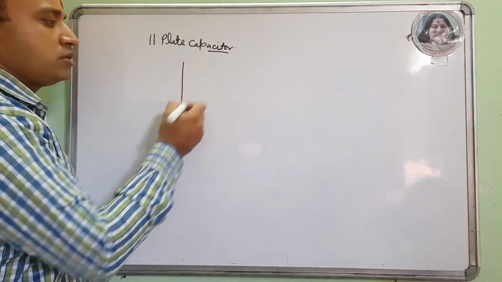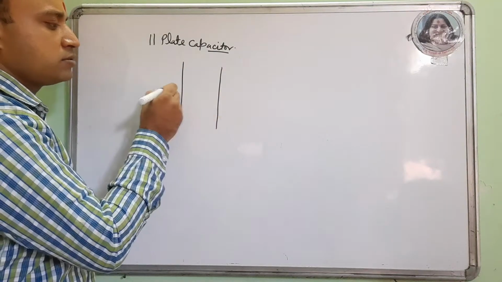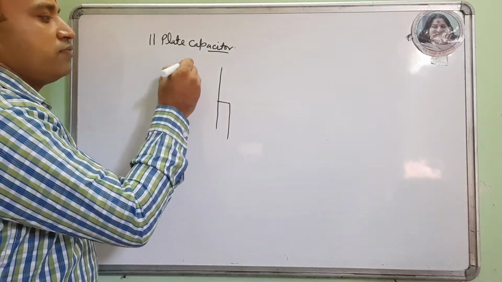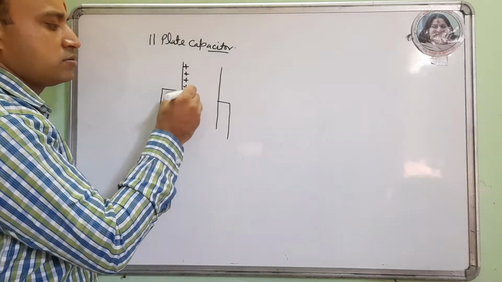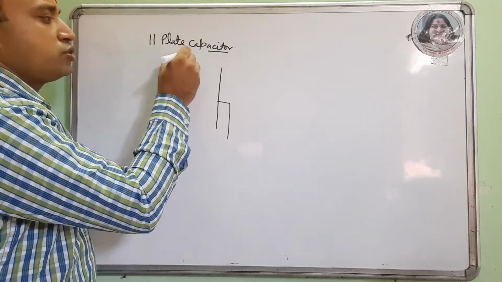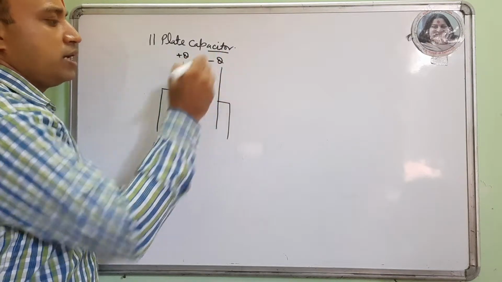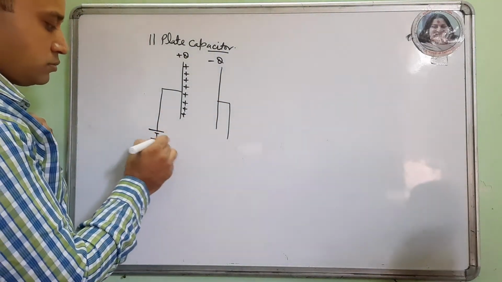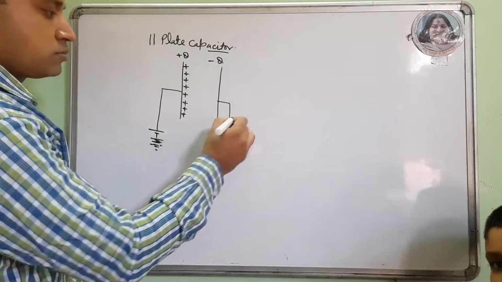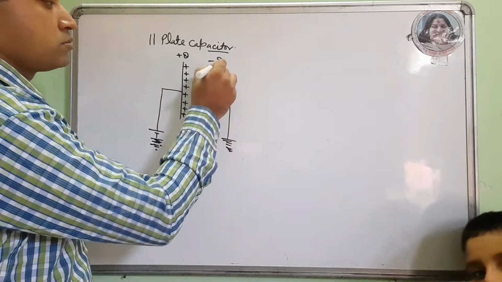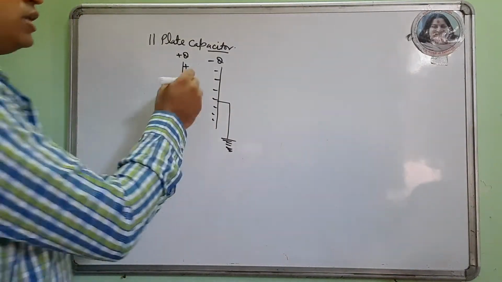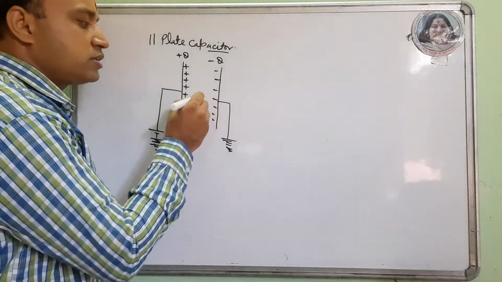Parallel plate capacitor, suppose these are thin plates having charge plus q and minus q. The electric field in this region we have already discussed.